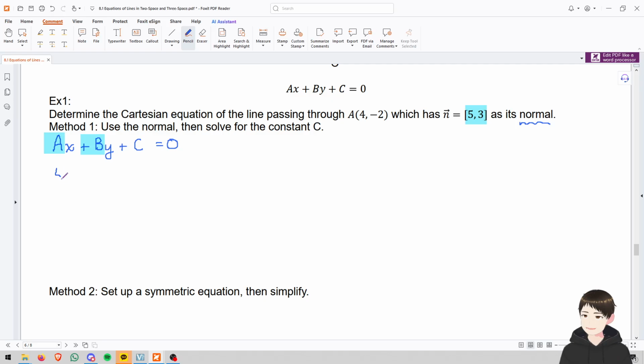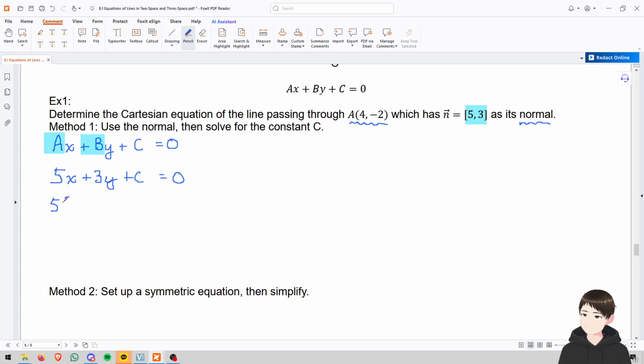Before any calculation, you know that (5, 3) corresponds with the coefficients because it's the normal. So you literally just copy 5x plus 3y. You might be wondering, how do we get C? Just like your grade 9 exercises, all we need is a single point that lives on the line.